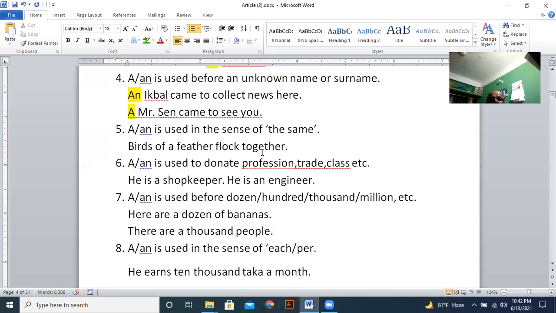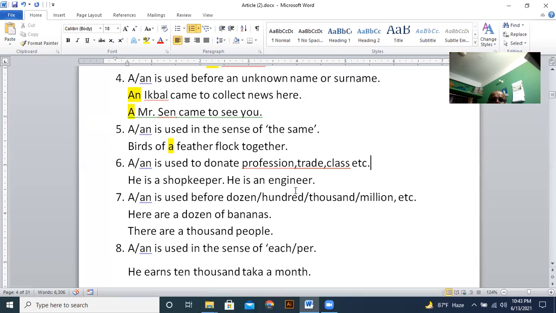Next, serial number 5. A or an is used in the sense of "the same". Birds of a feather flock together. Here, feather means the same group. Before same, we have to use a. Next, serial number 6. A or an is used to denote profession, trade, class, and so on. Before this, we have to use a or an.